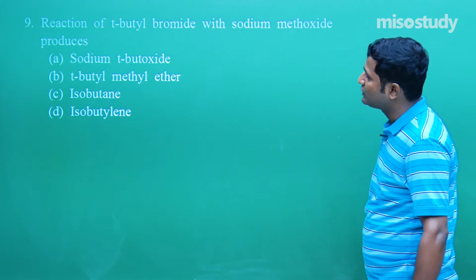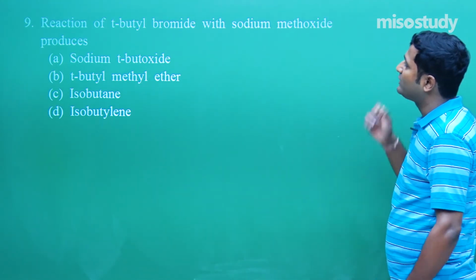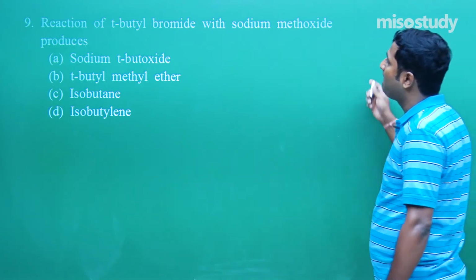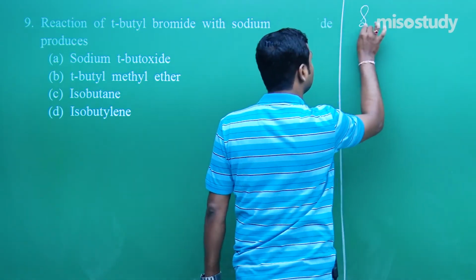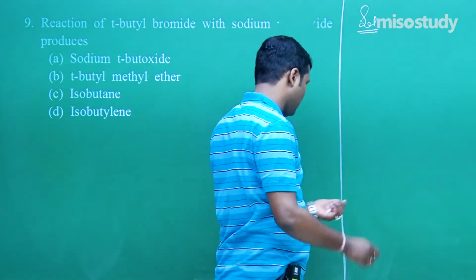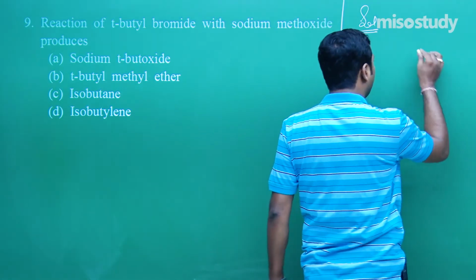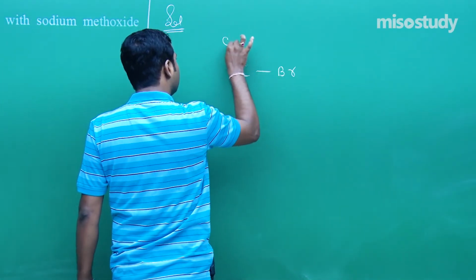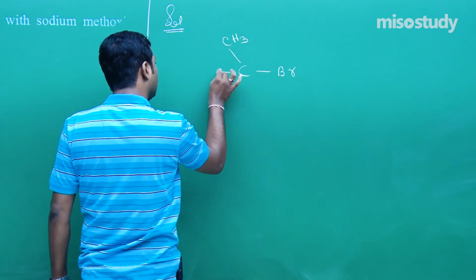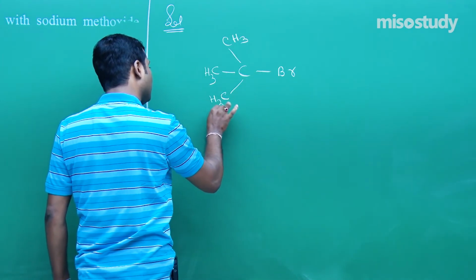The next one is question number 9. That is reaction of tertiary butyl bromide with sodium methoxide. Tertiary butyl bromide, that is CH3, CBr, CH3, then here is CH3 also.